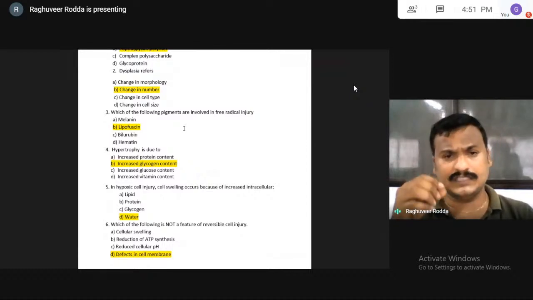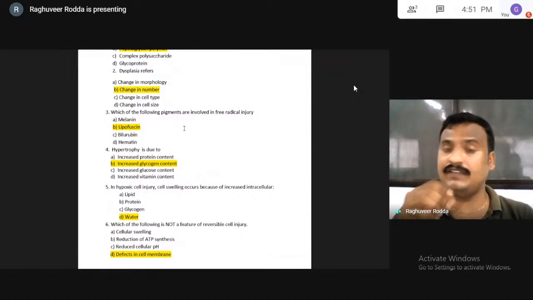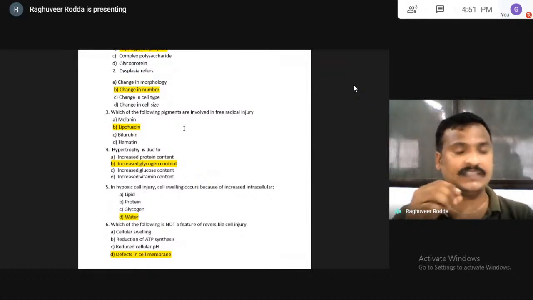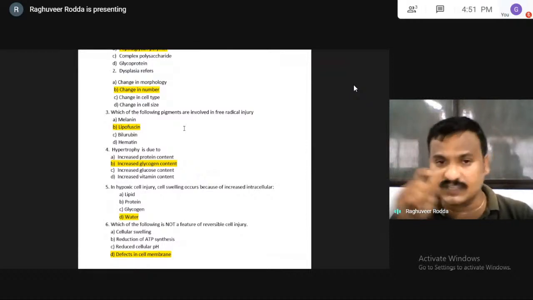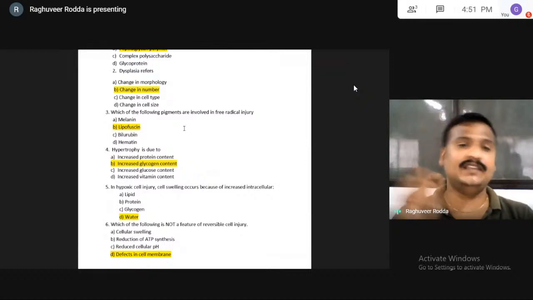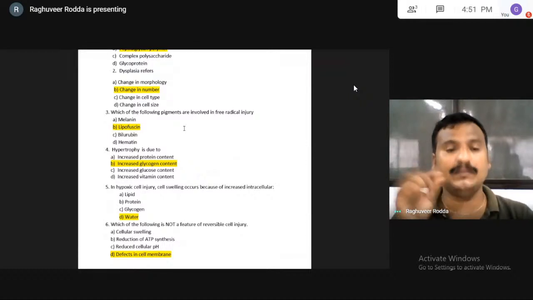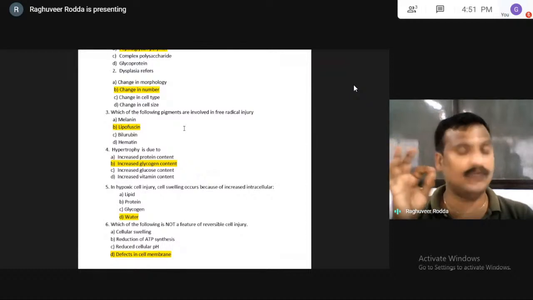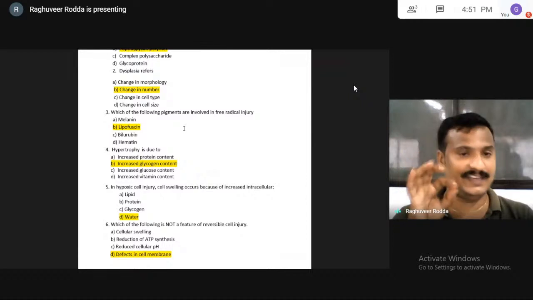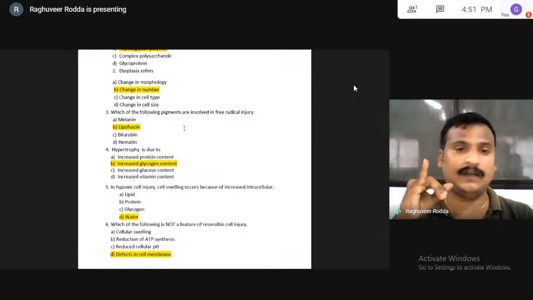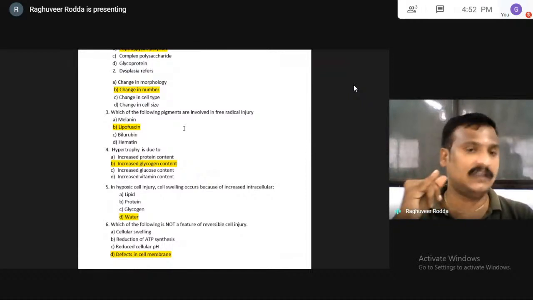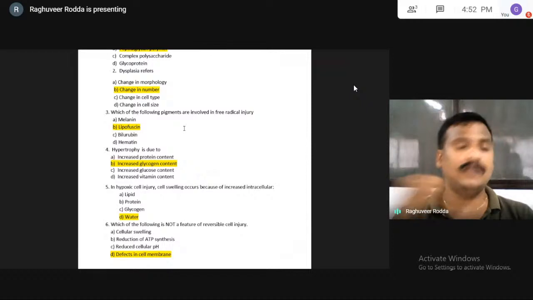It is a yellowish brown colored compound, and it has some free radical acceleration property, so it is involved in pigment based free radical injury. Melanin is a skin pigment, and bilirubin is a product formed by the liver cells.